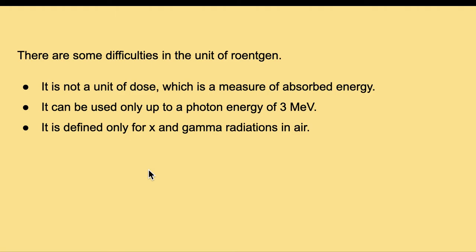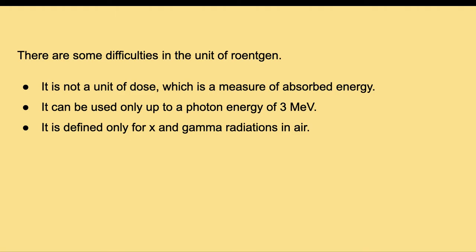And there are some difficulties in the unit of roentgen. It is not a unit of dose, which is a measure of absorbed energy. That means you are considering only the ions produced in air. It can be used only up to photon energy of 3 MeV, and it is defined only for X and gamma radiations in air.